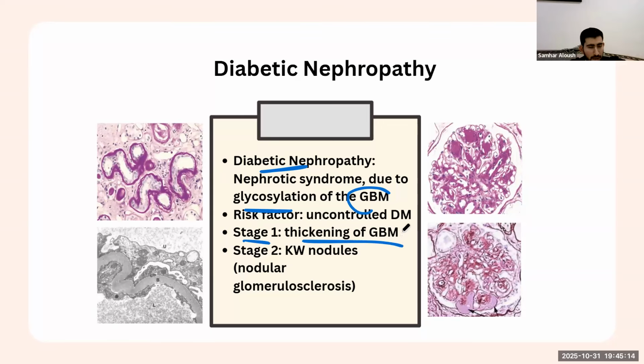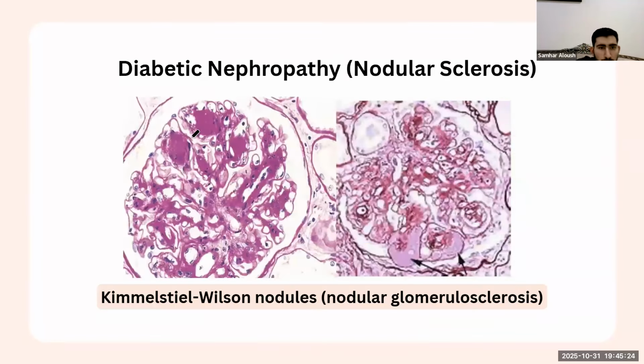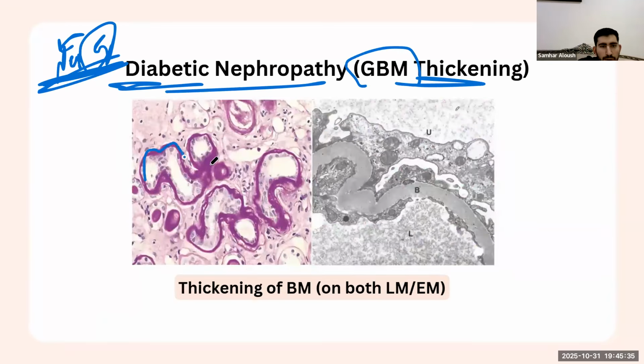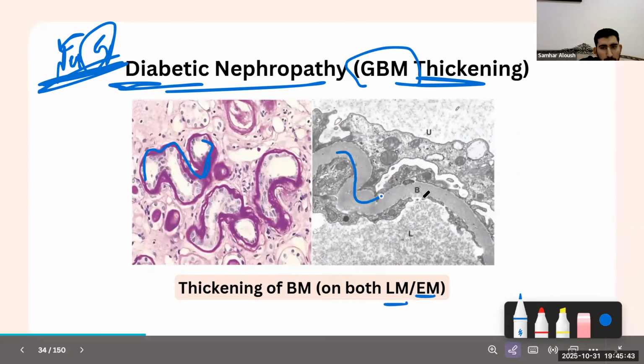If we leave that and don't correct the glucose levels, we will reach stage 2, which is KW nodules. So here we will have nodule formation. These nodules are full of glucose and immune stuff, you don't need to worry about what it's made of. First it will lead to thickening of the membrane because the glucose binds to the membrane, on both light microscopy and electron microscopy.